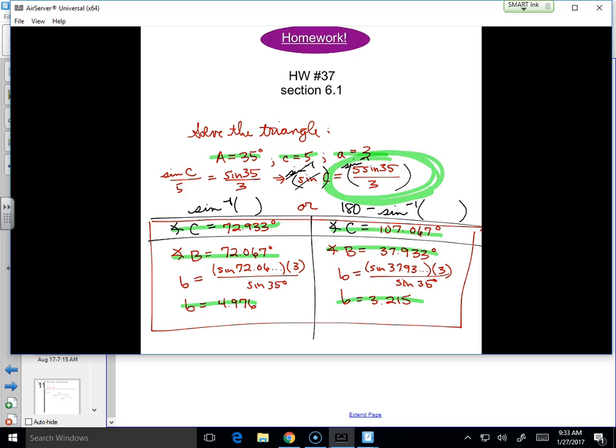Yep. And you're in degree mode. Make sure when you do your sine, are you ending it after 35? Double check what you put in your calculator. Are you putting an end parenthesis after 35? I would type it all at once, guys.